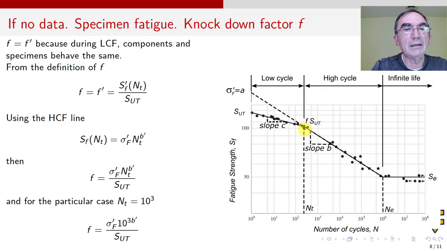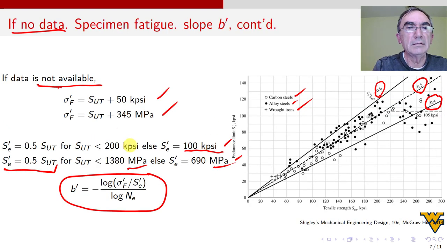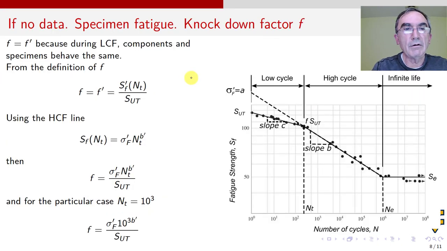If you have no data, you need another equation to get this number, because I cannot do 100 divided by 123. So I use the HCF line, the high cycle fatigue line, which gives S_f at N_T. This value is sigma_f prime, and I got it from here. And N_T I can assume, because I have no data.